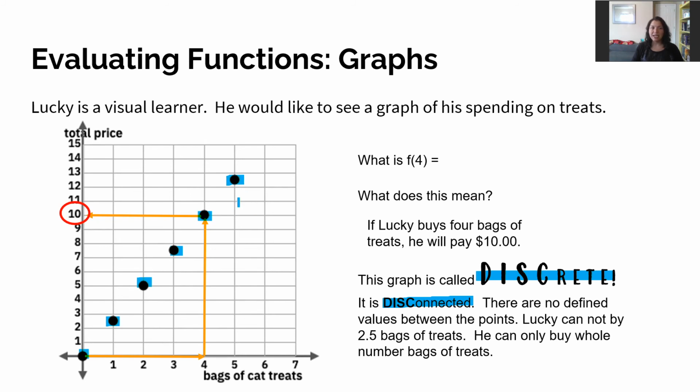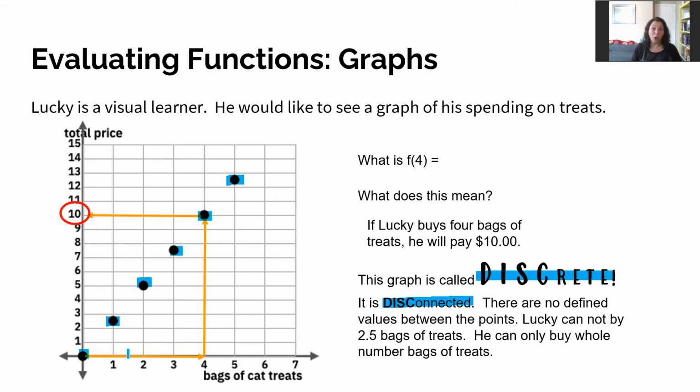These 6 dots are not connected with a line. I would say that they are disconnected. So therefore, they are discrete data on a graph. Discrete means disconnected. There are no defined values between these 2 points.